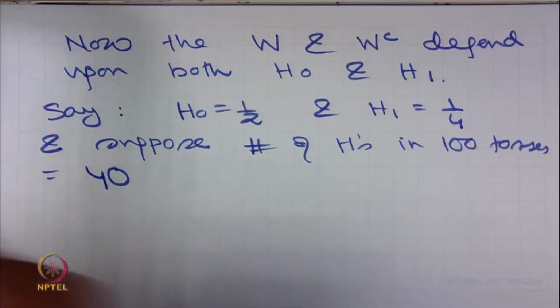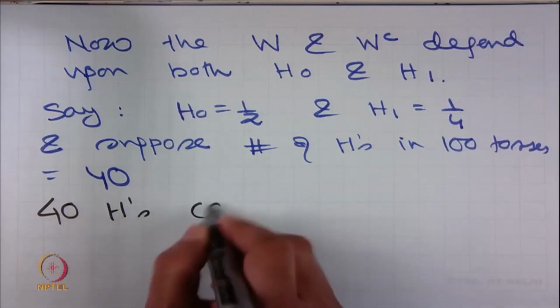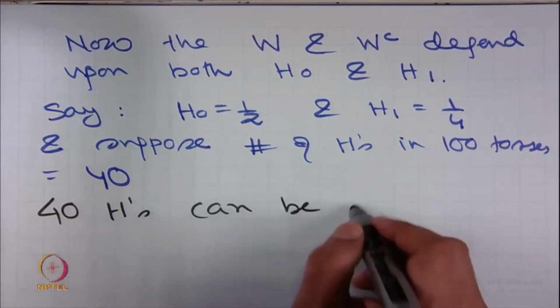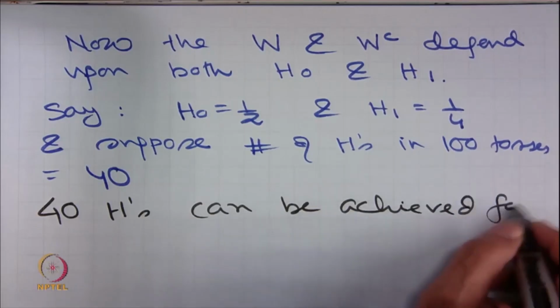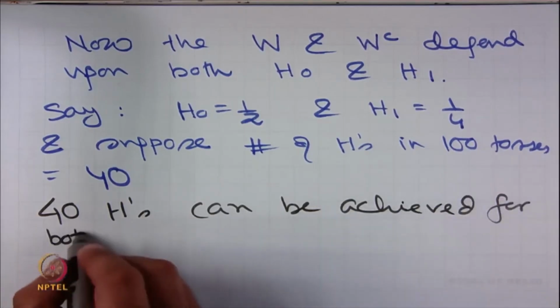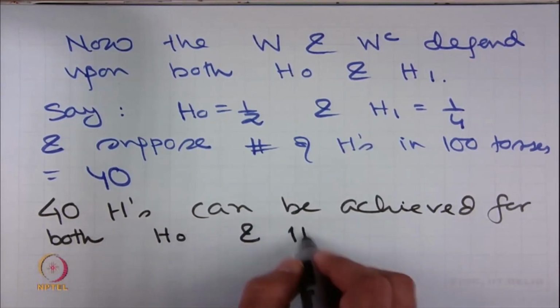Now, 40 heads can be achieved for both H naught and H 1.